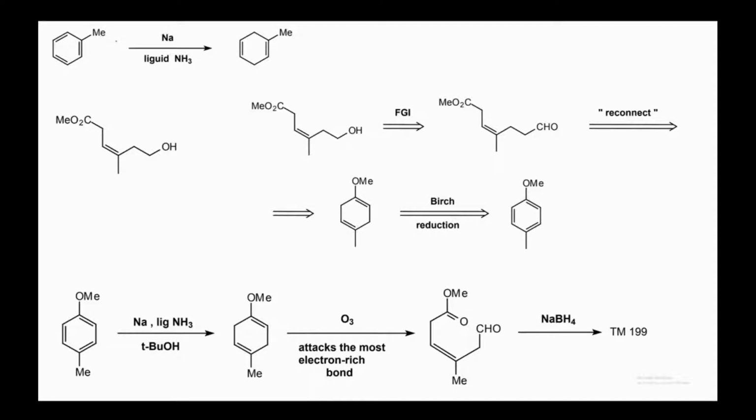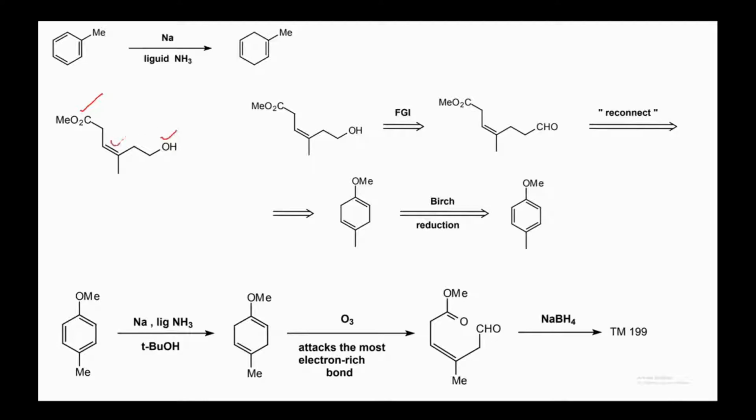This is a toluene reacting with sodium in liquid ammonia to give you this compound, a 1,4-diene. Now if you look at this compound, it contains alkene, ester, alcohol.